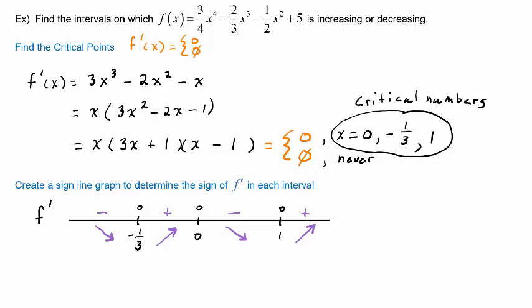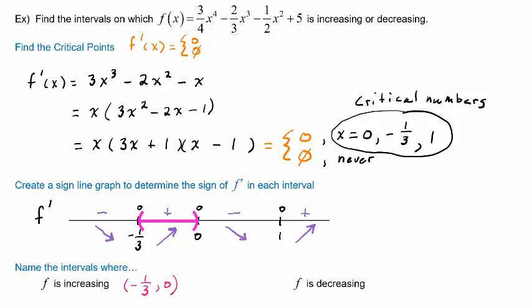So now, if we want to name the intervals where f is increasing, we look for where the derivative is positive. That happens on this open interval from negative 1/3 up to 0. Notice we can't include the negative 1/3 or the 0 because the derivative is not positive there. The derivative is equal to 0 at those two values.